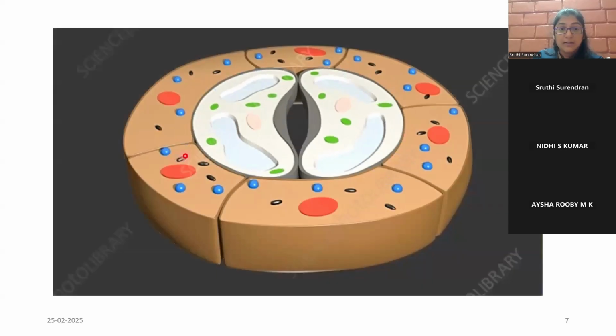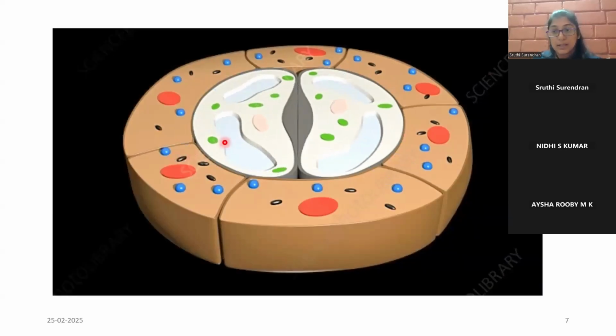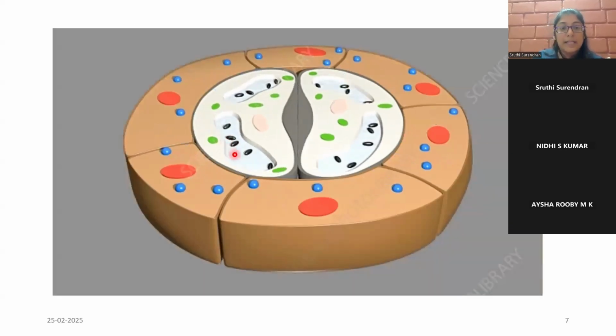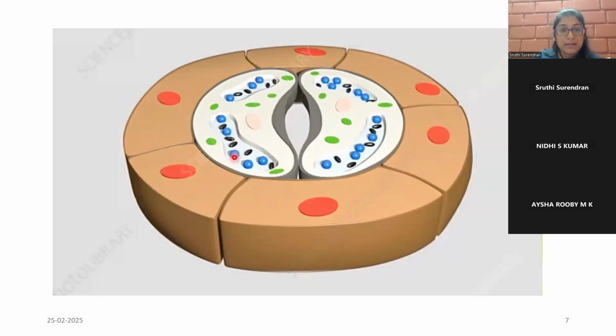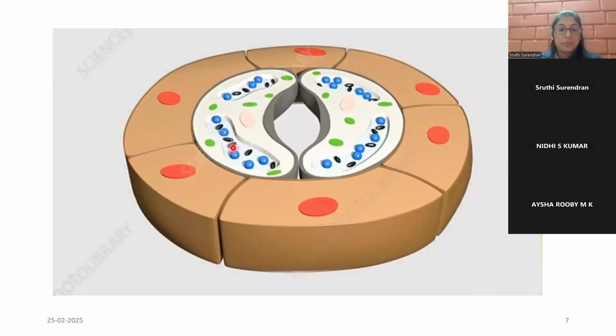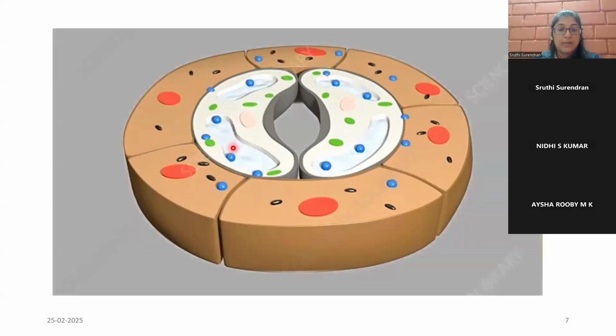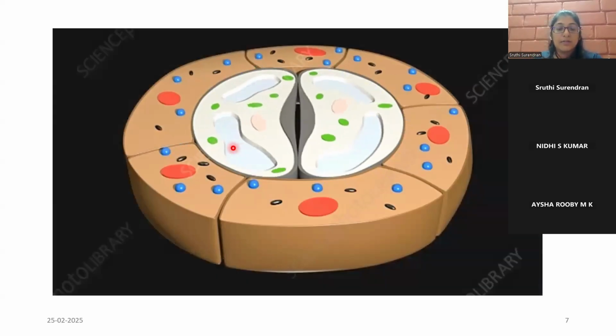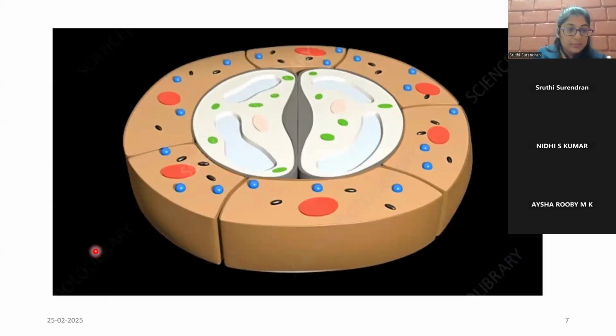When these small particles, which are representative of potassium ions, enter the guard cells, the stomata opens, and when they are leaving the guard cells, the stomata is closing.